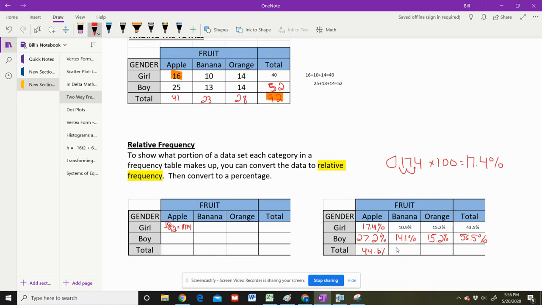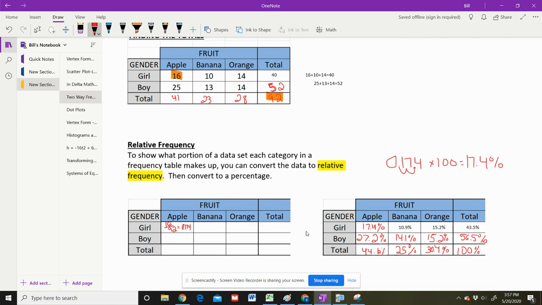All right. 25% for this one. 30.4% for this. And then for the total, 92 divided by 92, we're going to get 100%.